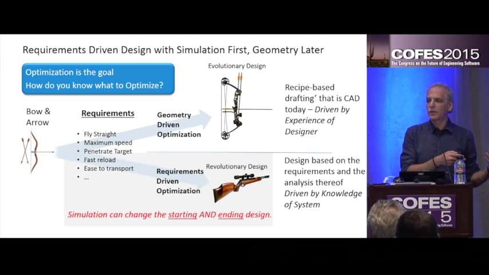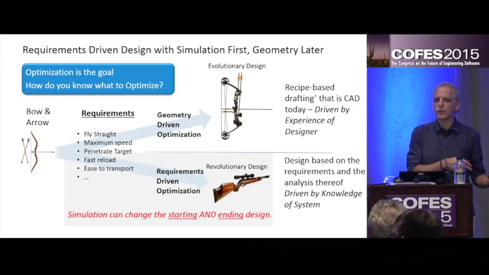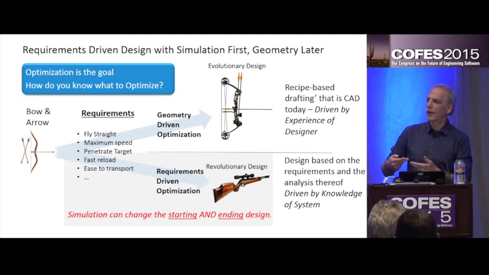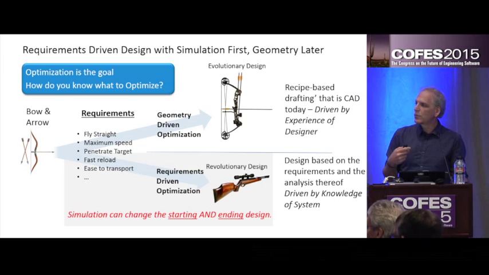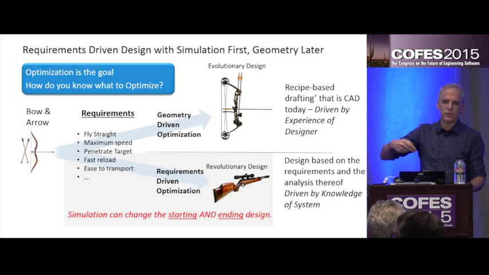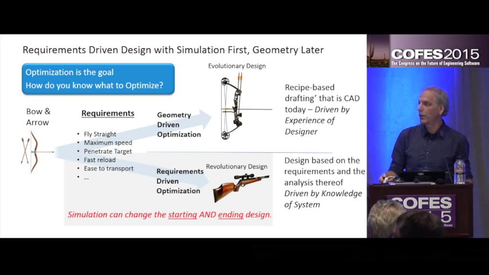And that's something that today's tools won't do, but that's where you're going to have your most impact, because that's where simulation can tell you, you know what, I know you've been doing it this way, there's a better way. And that's what simulation can do for you. So we have to get to that level. So simulation can profoundly influence not just the ending part where you end up and finalizing, but driving where you start, because ultimately where you start is going to predict where you end.